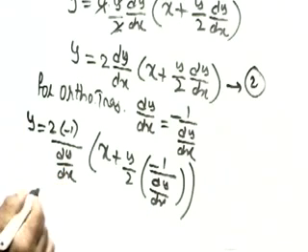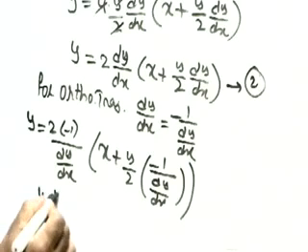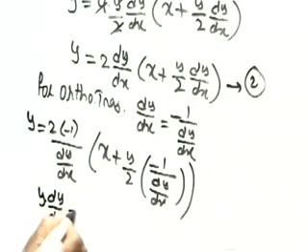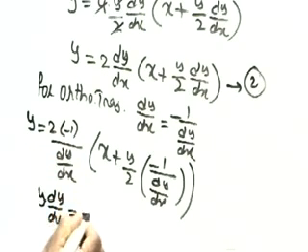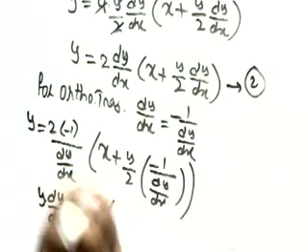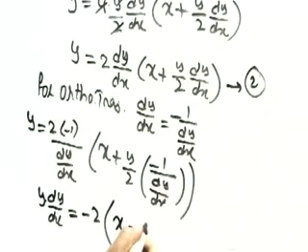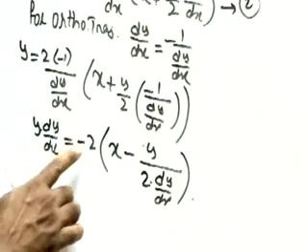You see here, bring this here, bring this here. So this will become y into dy by dx equals plus into minus 2 into, what is left here, x plus into minus y by 2 into dy by dx. So let me do one thing.